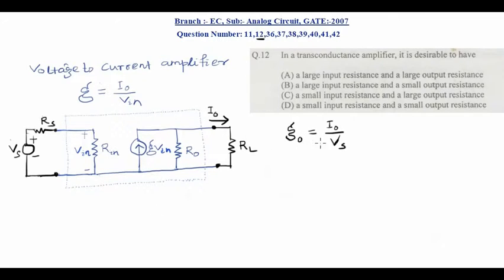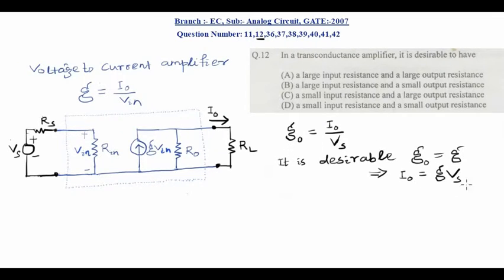The overall transconductance is given by the output current to the input voltage Vs, that is, I0 by Vs. Now it is desirable that G0 should be equal to G, that is, I0 should be equal to G Vs. For a good transconductance amplifier, the overall transconductance should be equal to the transconductance of the amplifier, that is, I0 is equal to G Vs. Now we will find out the I0 expression in terms of Vs from this circuit.